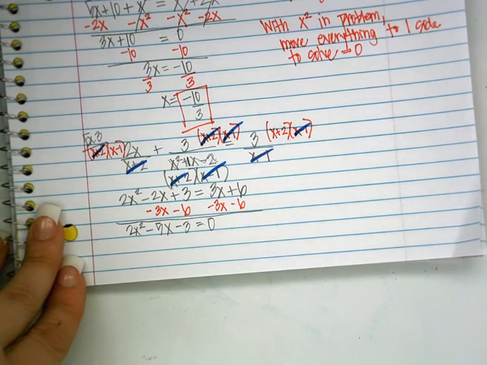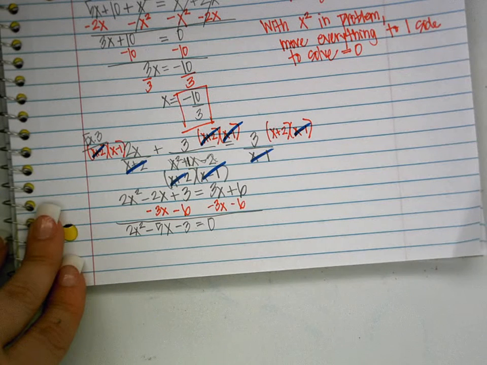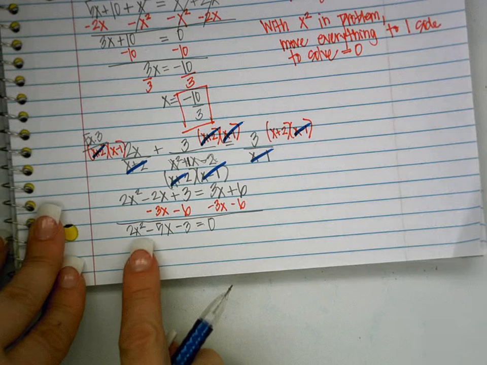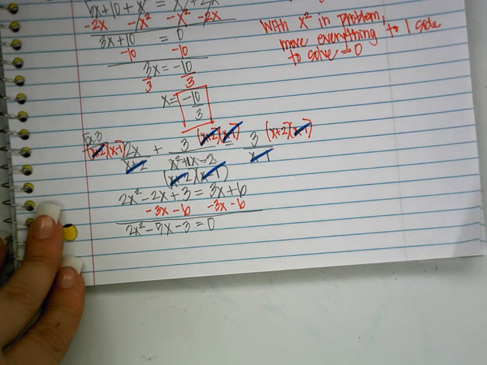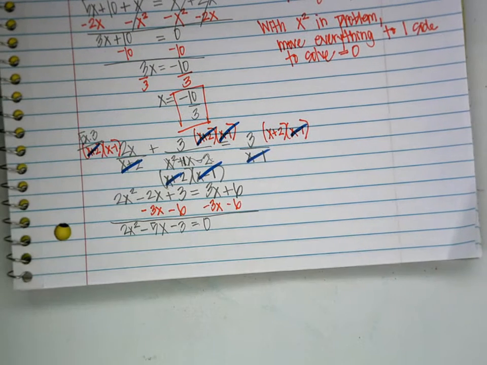Then how do you solve? How do we solve a quadratic equation? We've done this for a couple units. Factor, set equal to 0. So you need to factor that. You guys work on factoring that. If you'd like to do guess and check, that's fine.